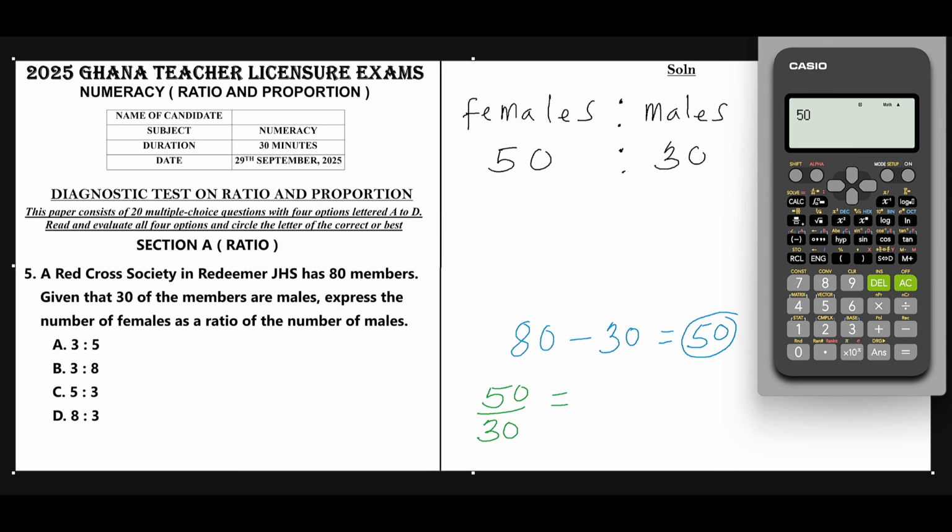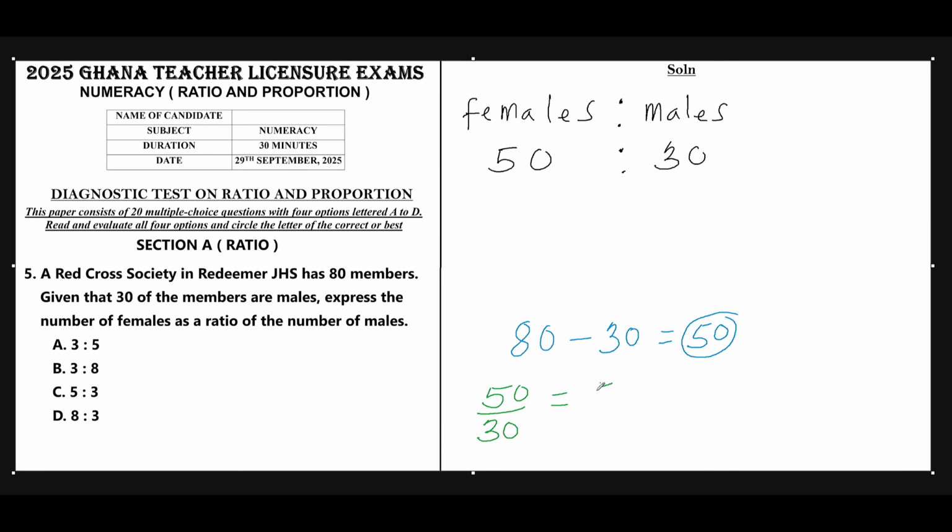So that gives us 5 out of 3. But we want our answer in ratio form. So that gives us 5 is to 3. We select C.